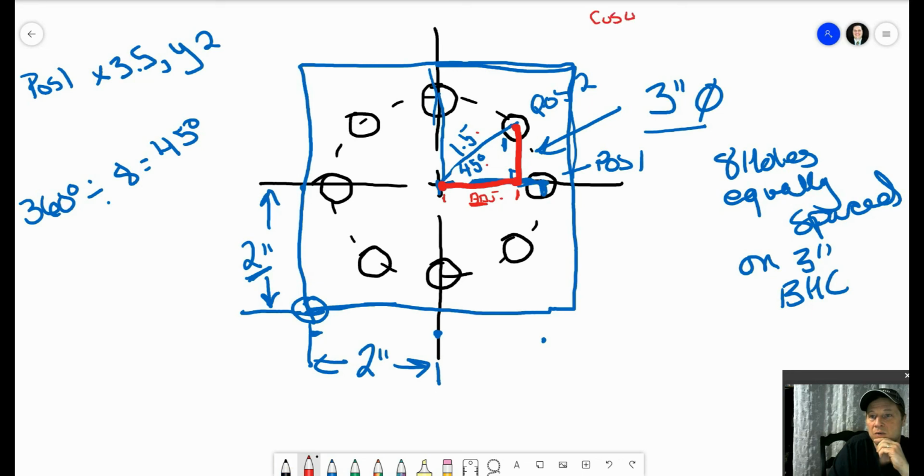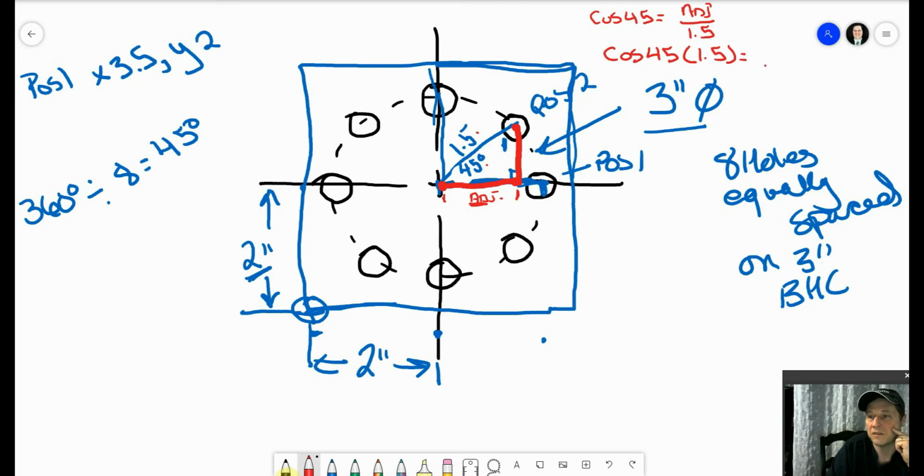Cosine of 45 equals, the trig formula is adjacent over hypotenuse. So it'll be the unknown, adjacent, divided by 1.5. So you would rewrite that as cosine 45 times 1.5.